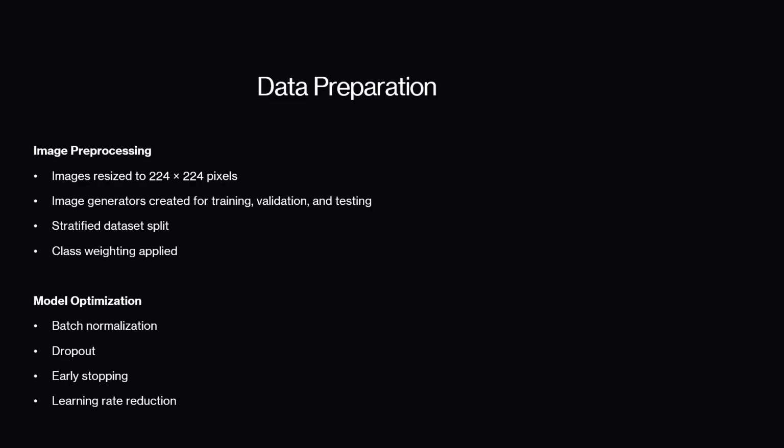Lastly, learning rate reduction gradually lowered the optimizer's learning rate when validation performance plateaued, allowing the models to converge more effectively. Together, these preprocessing and optimization techniques helped produce stable and reliable predictive models.